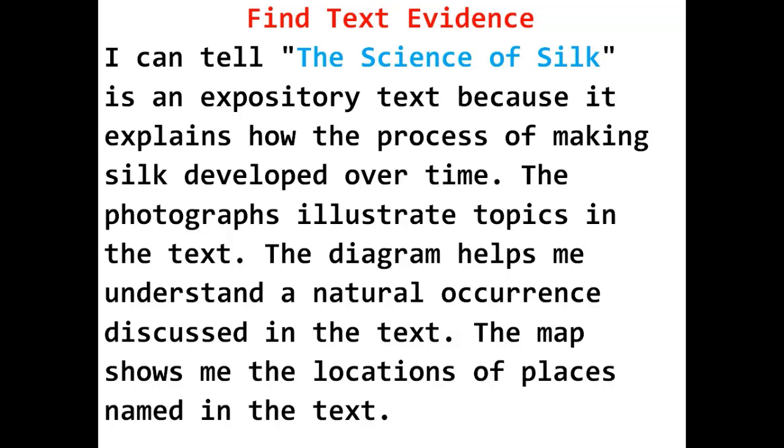The map shows me the locations of places named in the text. So these photographs and diagrams show you the origin and the detailed study of silk, the science of silk.